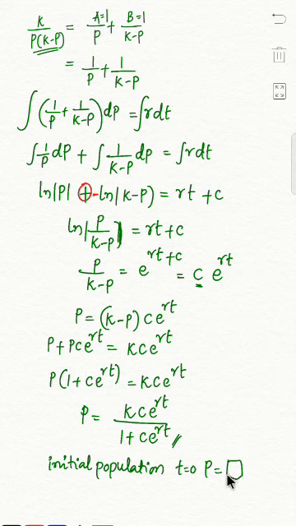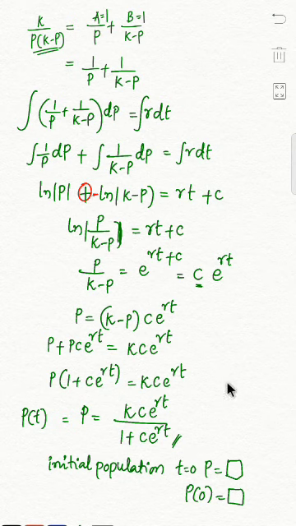They will give something, that means p of 0 is given. This p is a function of t, so we can write p of t here. In this way we can solve. Let us do one example here.